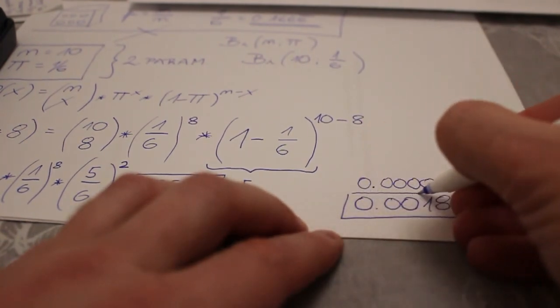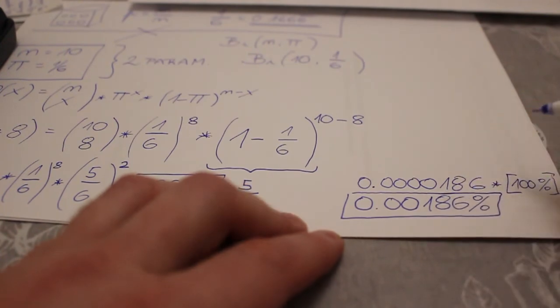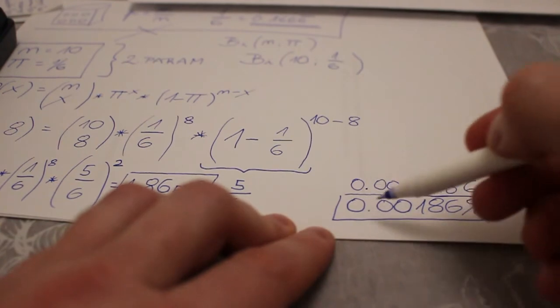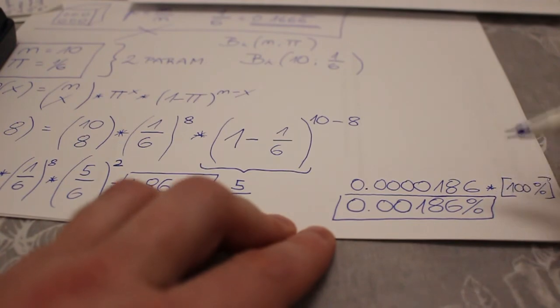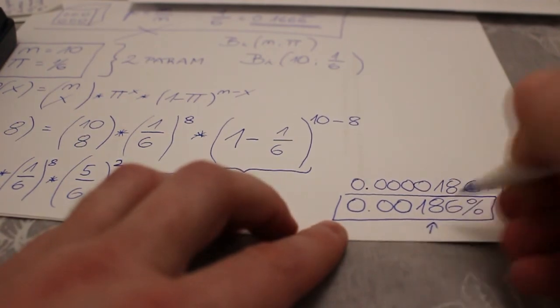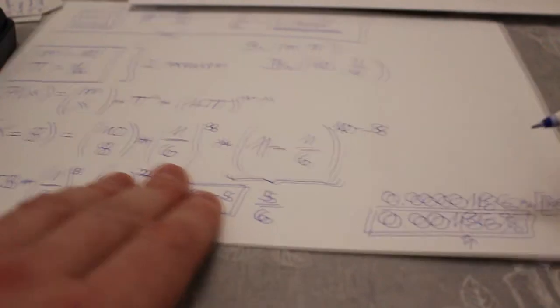Imagine that you throw 10 fair dice on the table, and you want the same number on 8 of them. It's a very small probability that you will see 8 same numbers and only 2 dice, 2 cubes will be different, yes? So very small probability.